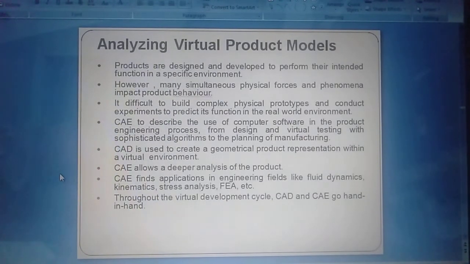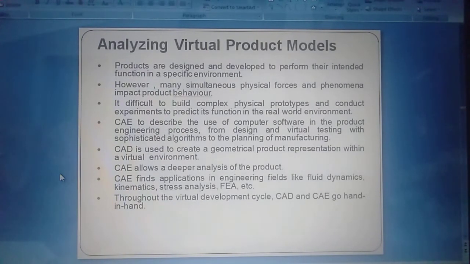The products are designed and developed to perform their intended function in a specific environment. However, many simultaneous physical forces and phenomena impact product behavior. It is difficult to build complex physical prototypes and conduct experiments to predict its function in the real world environment.